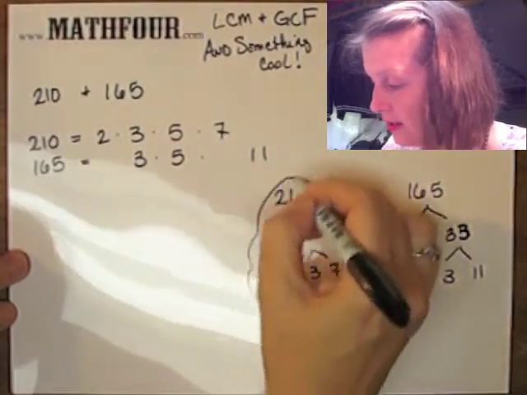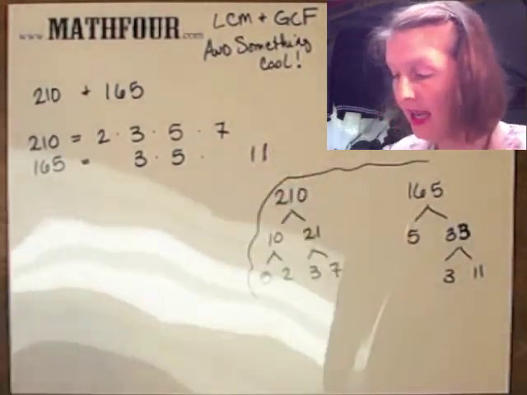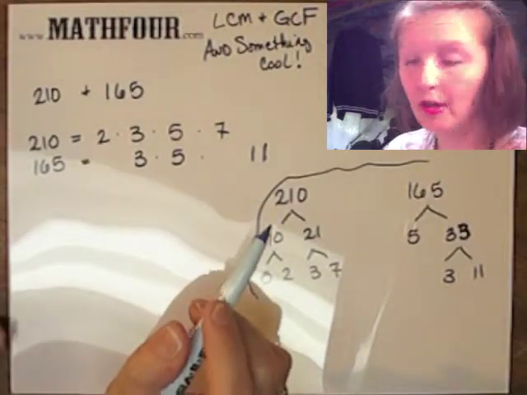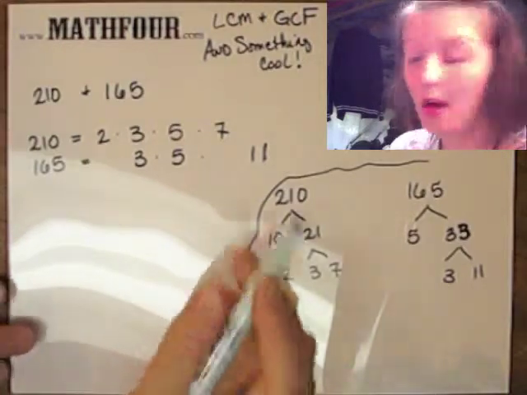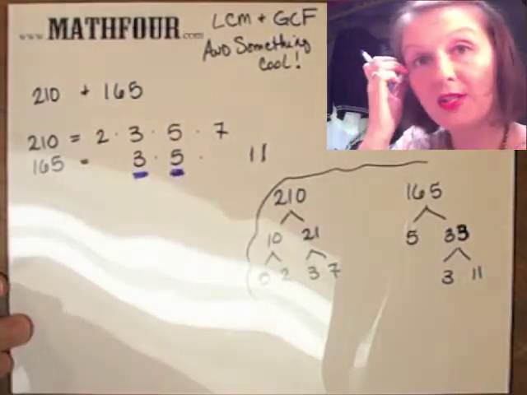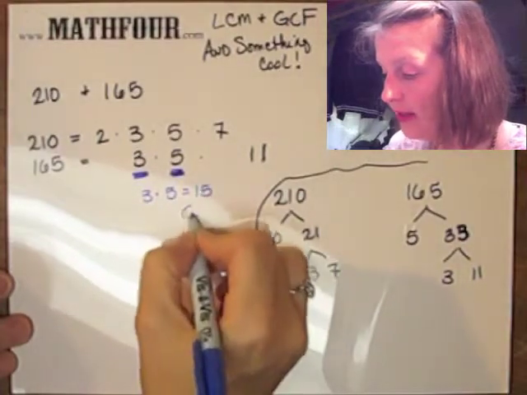So I need some little lines here to separate, since this is my 11. And then I notice when I do my greatest common factor, I want to take only the things in common. So that's this guy and this guy. So my greatest common factor is 3 times 5, which is 15.